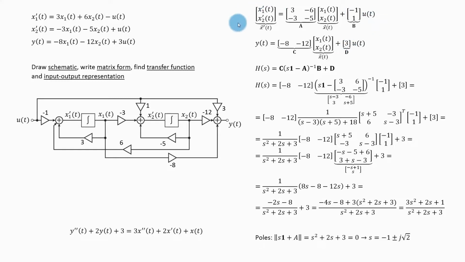So this is the state space representation in the matrix form, which will become handy when I try to find the transfer function. On the lecture, I showed you that the transfer function can be expressed using these matrices A, B, C, and D in this form. So when I want to find the transfer function from the state space representation, I need to evaluate this expression, which is a little bit ugly but certainly doable.